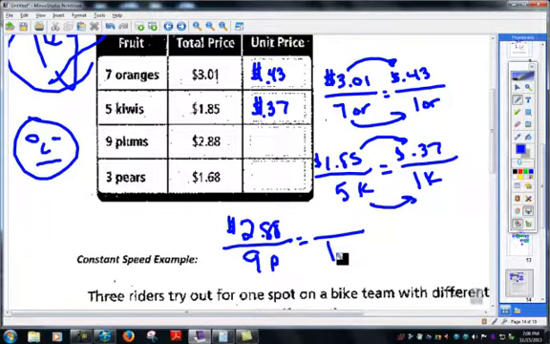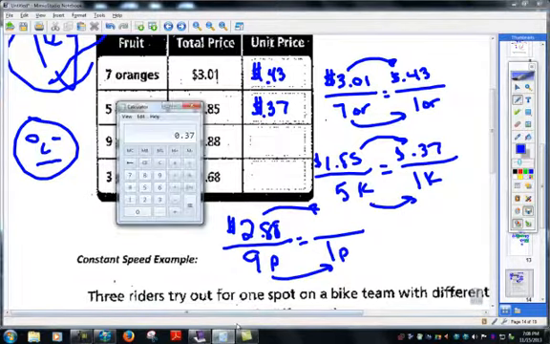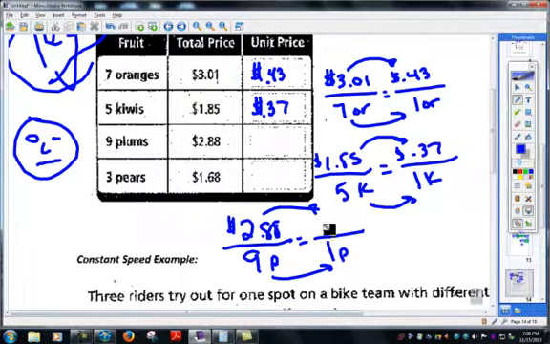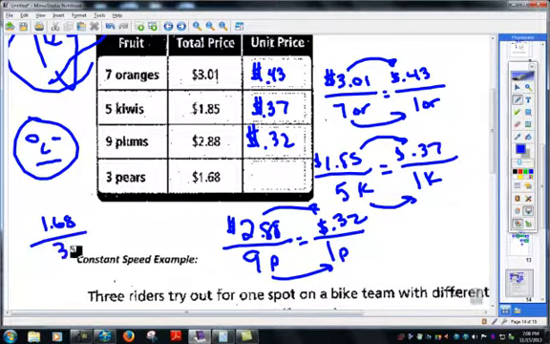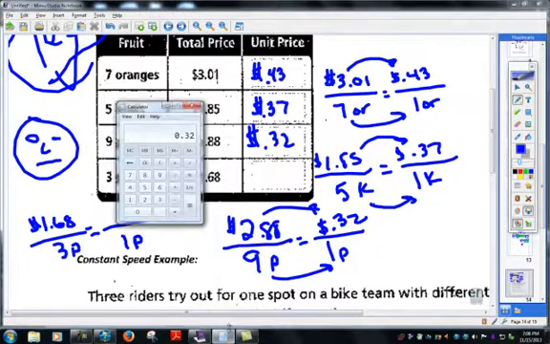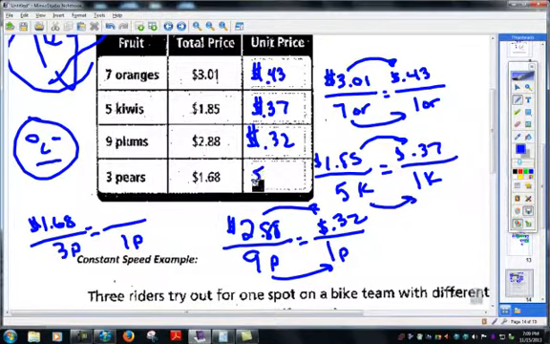Divide by 9. 2.88 divided by 9, 32 cents. And then pears, $1.68 for 3 pears. Figure out 1 pear. Calculator out. 1.68 divided by 3, 56 cents. So there we go. There's all my unit prices.